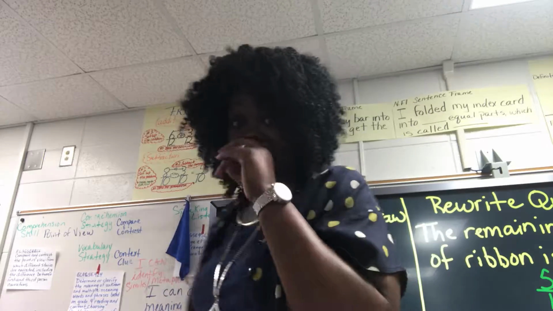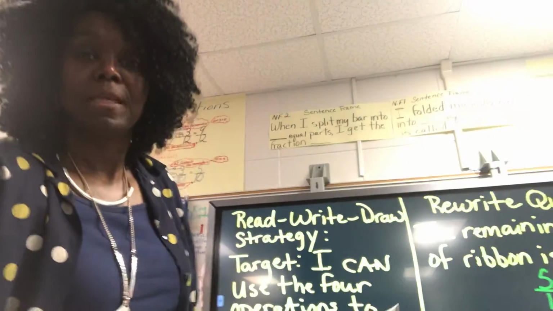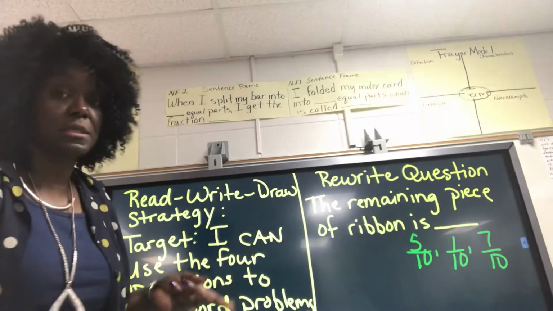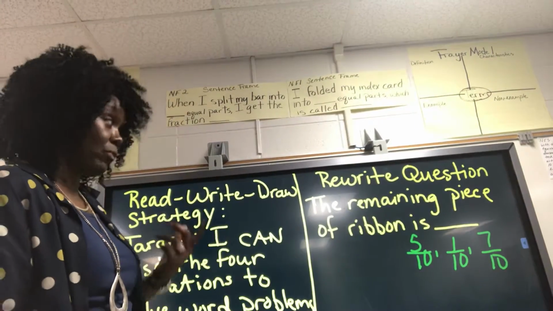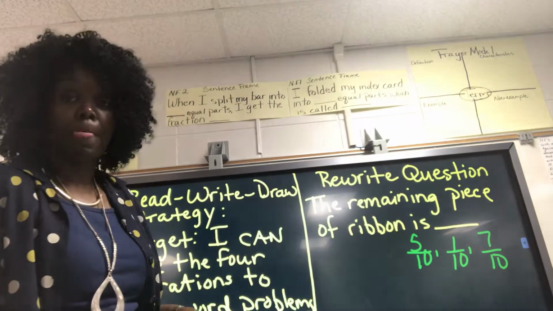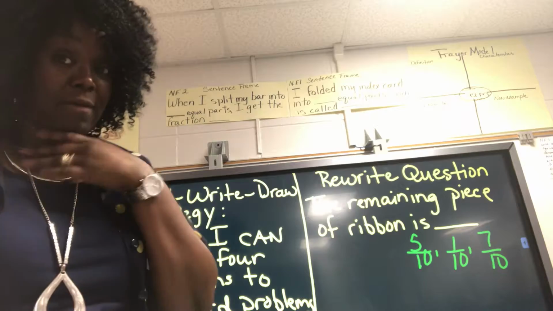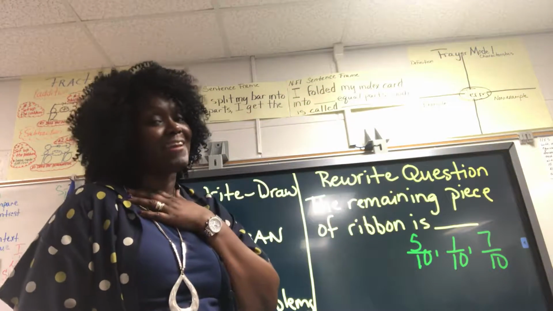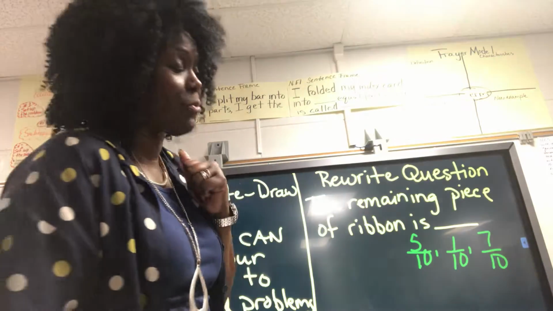So the pieces of ribbon that were cut are 5/10, 1/10, 7/10. Okay, so we want to model our fraction. And how many equal parts do we have? Okay, I'll give you a minute. Oh, I know you guys said 10 because you're so bright.